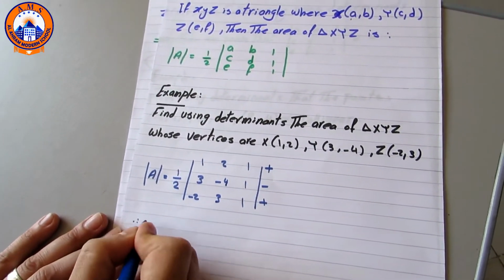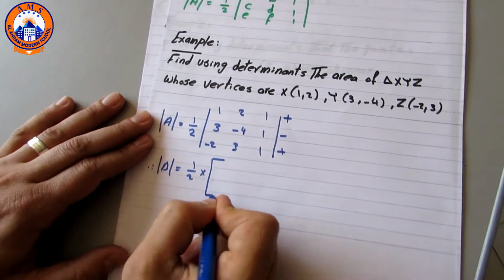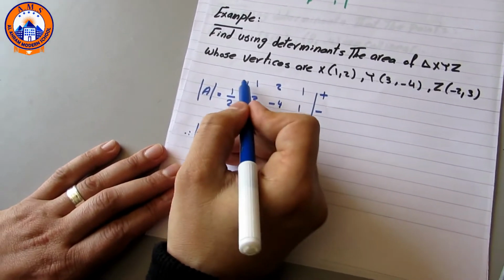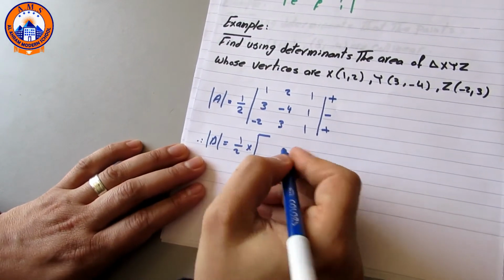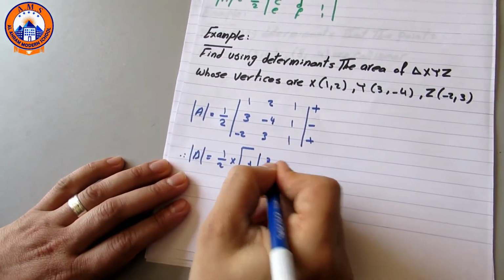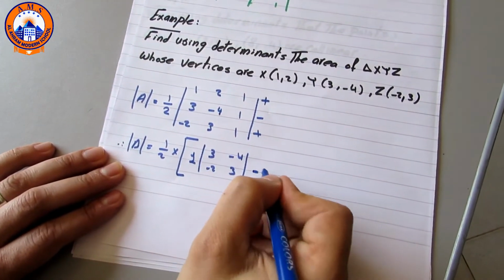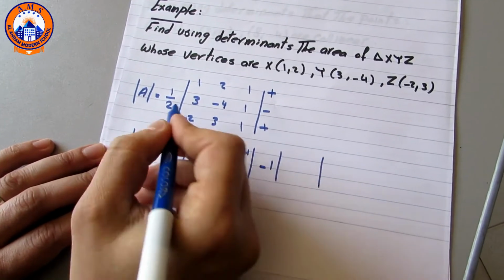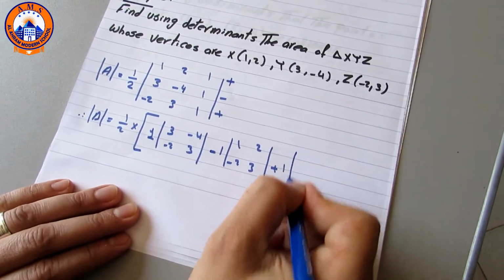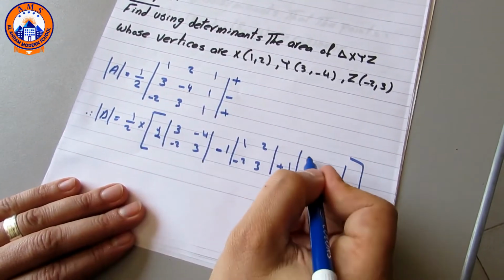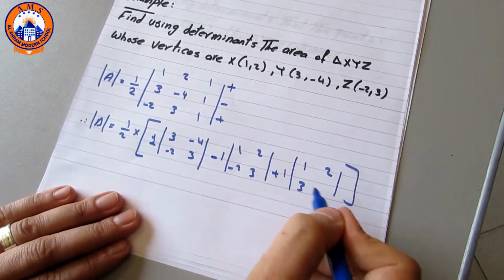So area equals half multiply 1. You have to cancel the first row and first column and write the remainder: 3, negative 4, negative 2 and 3, minus 1 multiply, cancel and cancel, 1 and 2, negative 2, 3, plus 1, cancel and cancel, 1, 2, 3 and negative 4.